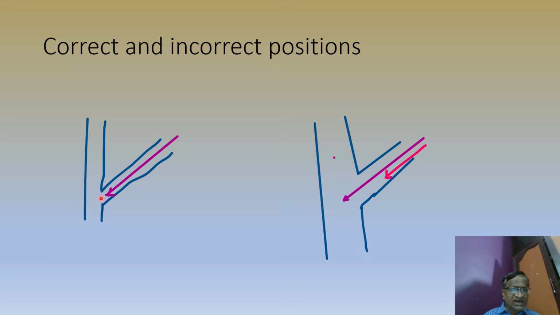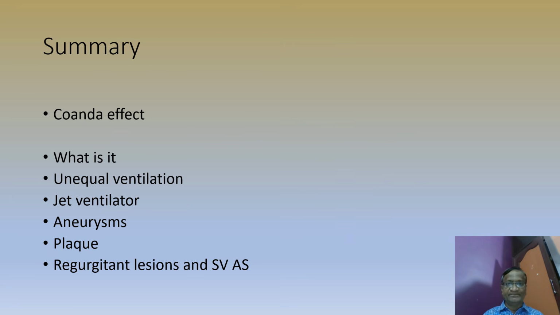If the jet is here, fine, everything is fine and air goes out well. But if the jet is here, it will cause problems in visualizing, and the jet may hit the wall and go like this. And if the jet is here, it will hit the wall and go like this. So that is why the correct position of the jet is important when you start to ventilate or use a bronchoscope and a side port jet ventilation.